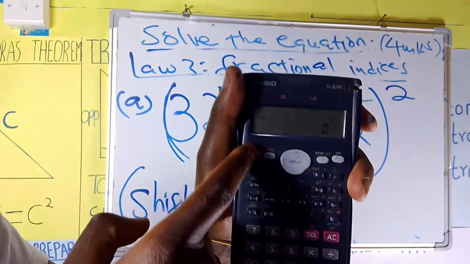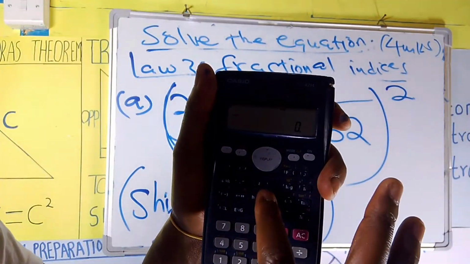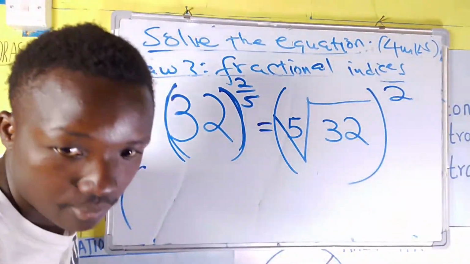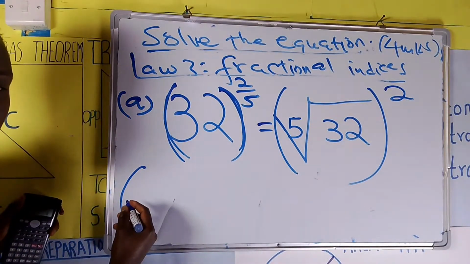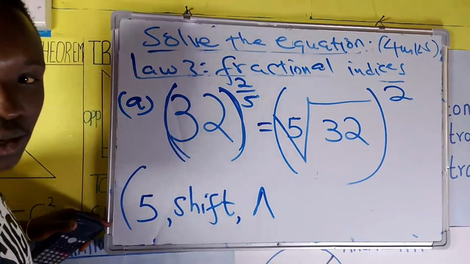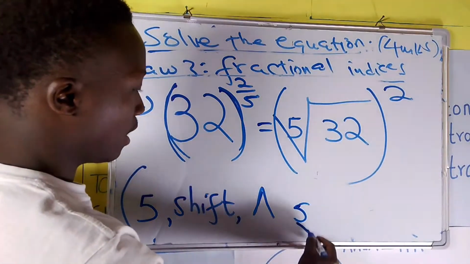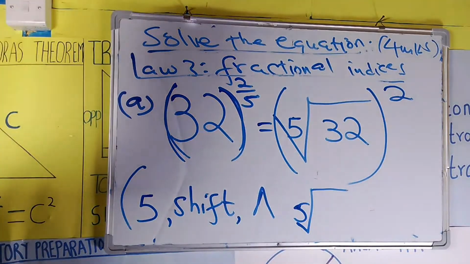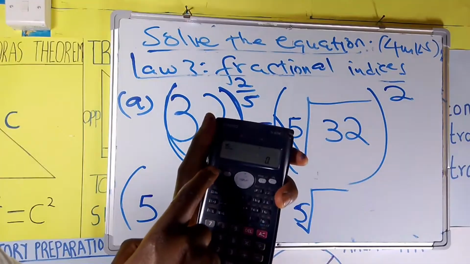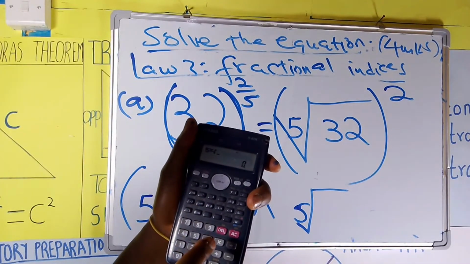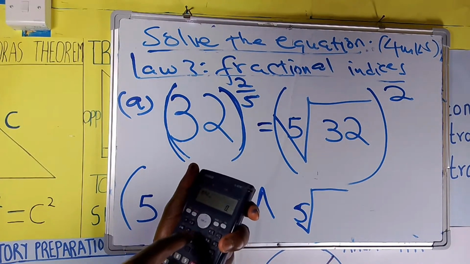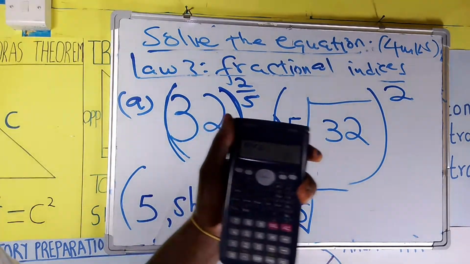We will start with 5, then shift, then raise, that raise sign on the calculator. Let's do that. Just a minute.